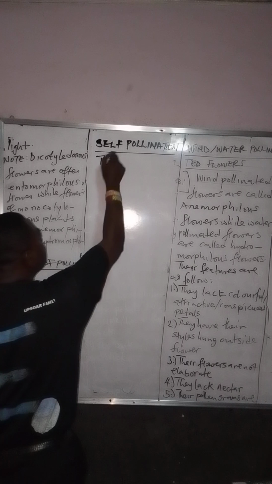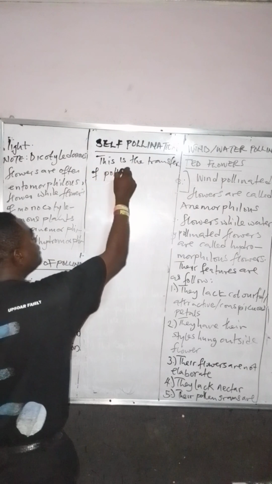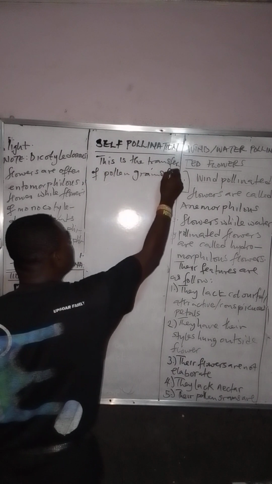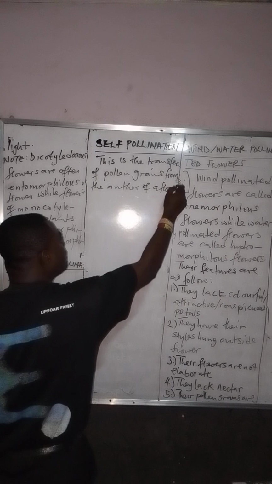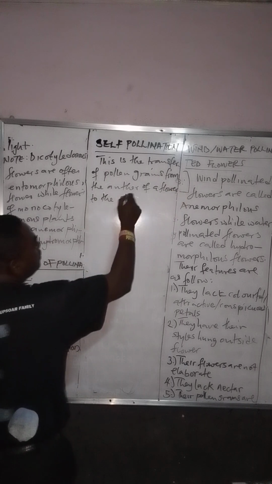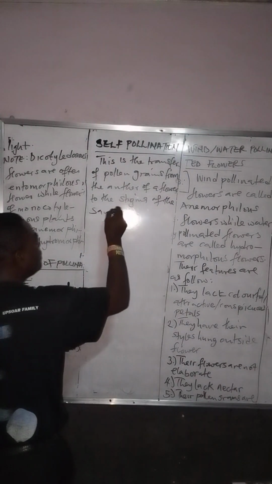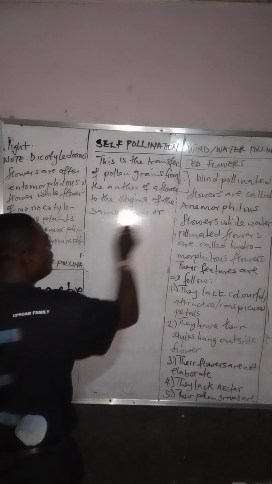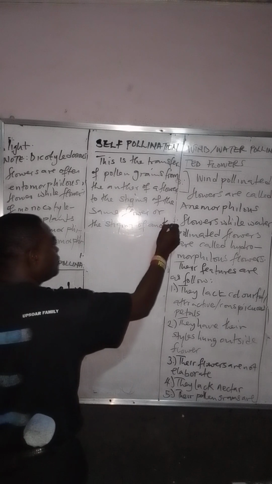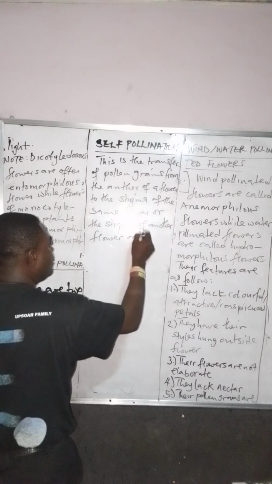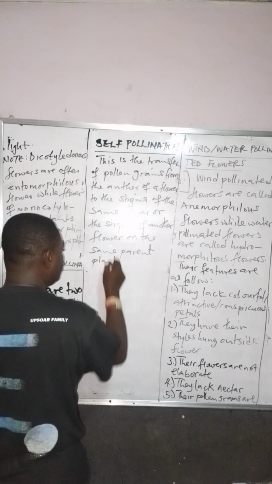So, this is the transfer of pollen grains from the anther of a flower to the stigma of the same flower, or the stigma of another flower on the same parent plant.